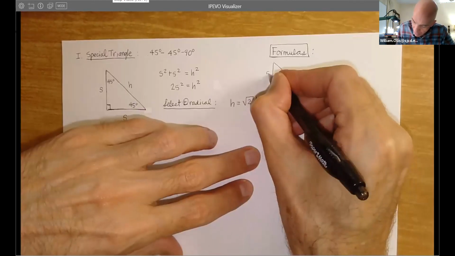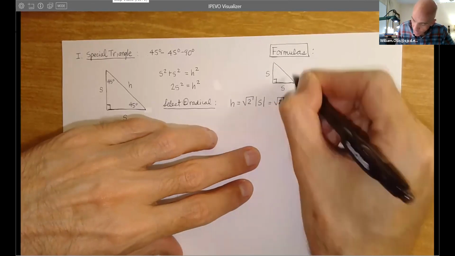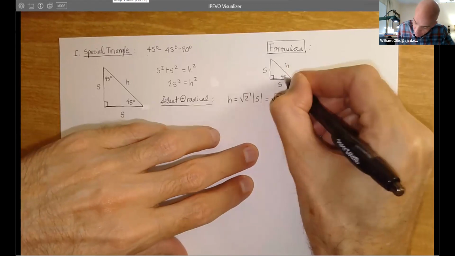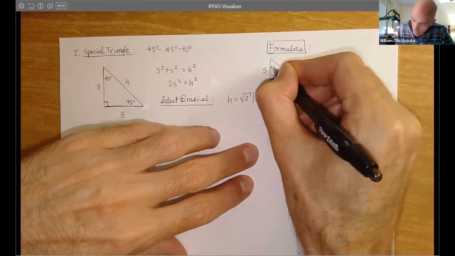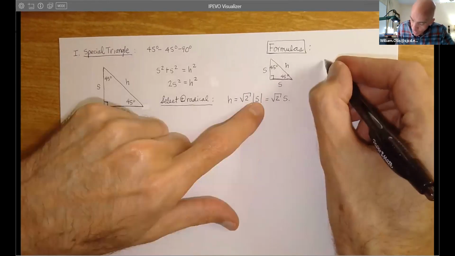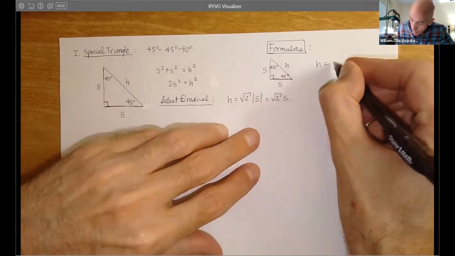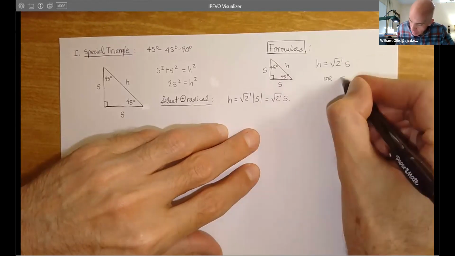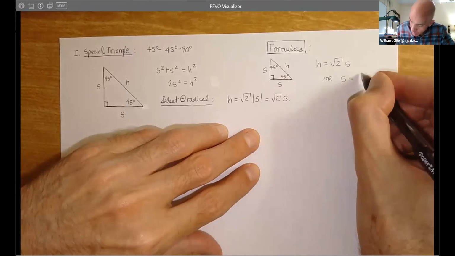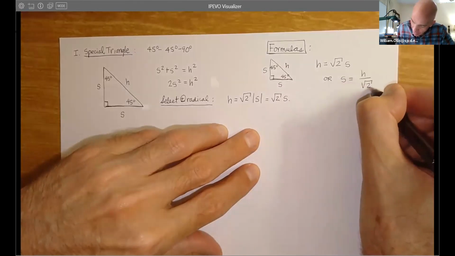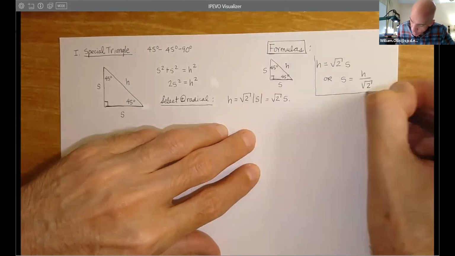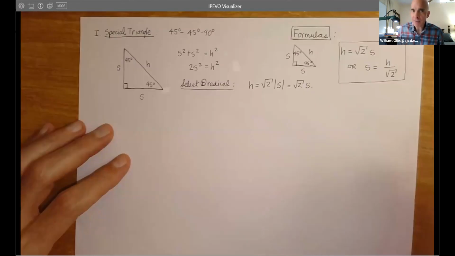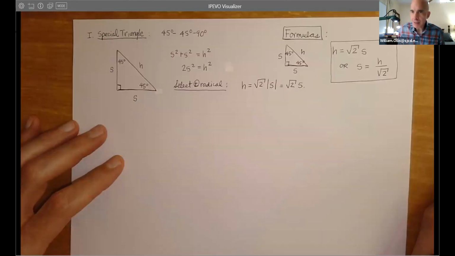We have S, S, H, 45, 45. So we have this formula: H is the square root of 2 times S, or S is just H divided by the square root of 2. That kind of completely identifies this triangle. And it comes up so much, we like to have it in our back pocket because it's easy.